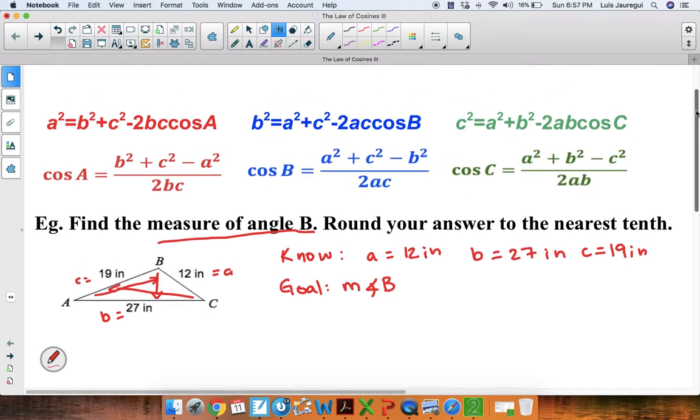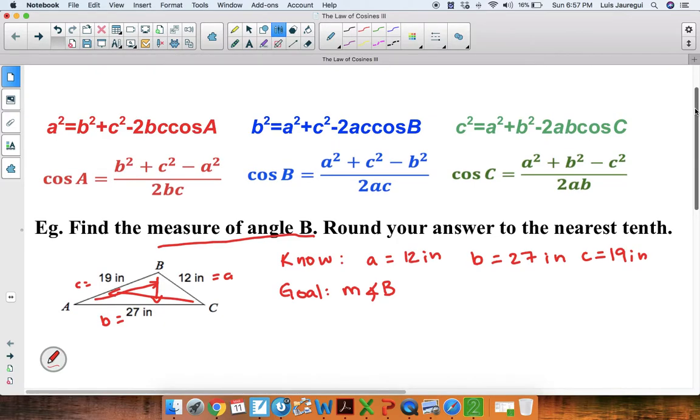Now, taking a look at the law of cosines, we can determine which statement we want to use. Since our goal is to figure out the measure of angle B, we want to use one of the statements that actually use angle B. In particular, we notice the two statements in the middle. Since we're given the measures for all three sides, one might be tempted to use the first statement.